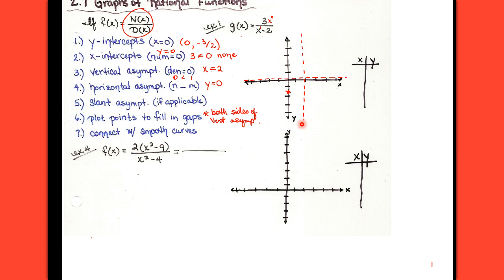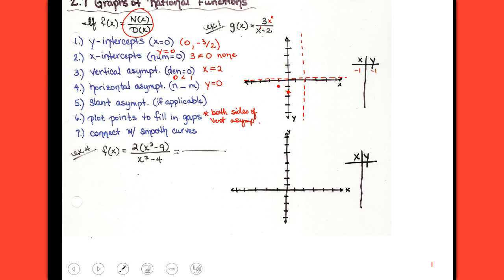So honestly, I have enough information to draw half of my graph right now. I could look at this and say, okay, I've got this point, so that tells me where this portion of the graph is going to be, and I have to approach those asymptotes, so this portion of the graph is going to look like this. But just to make me feel a little bit better, maybe I want to give myself another point or two just to make sure I'm on the right track. So since I have this one point right here at 0, maybe I want to give myself a point at +1 and -1.